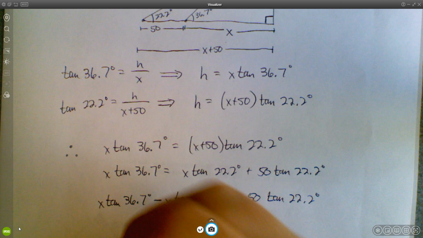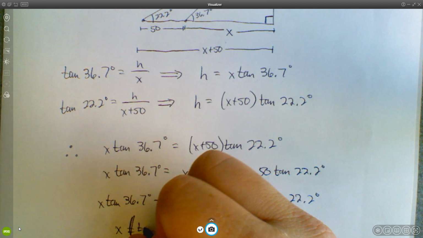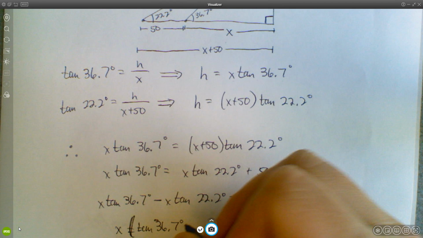I'm going to move this over there. I'm going to factor out an x, and then I'm going to divide by all of this stuff to get x by itself. So x is going to be 50 tangent 22.2 degrees divided by tangent 36.7 degrees minus tangent 22.2 degrees. So there's x in all of its nastiness.